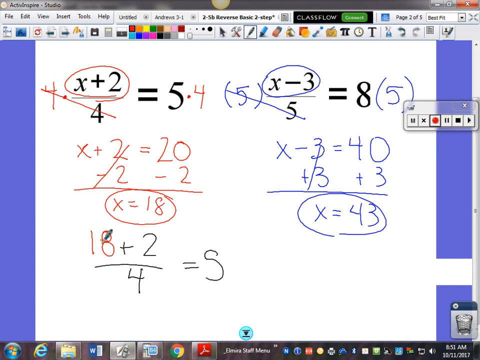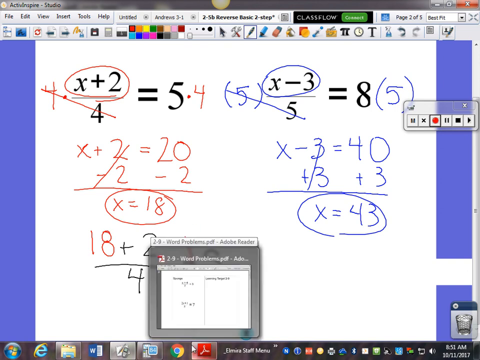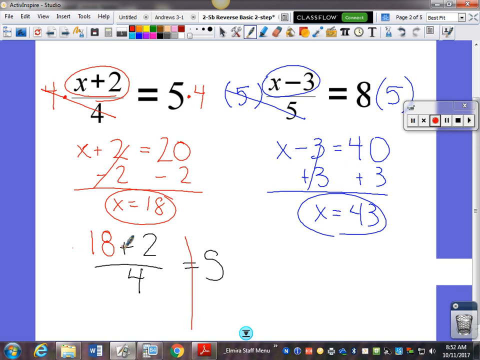Then I'm going to ignore the 5 for a few minutes and just look at the left-hand side. 18 plus 2 is 20. 20 divided by 4 is 5. And I wanted it to equal 5, so my problem checks.